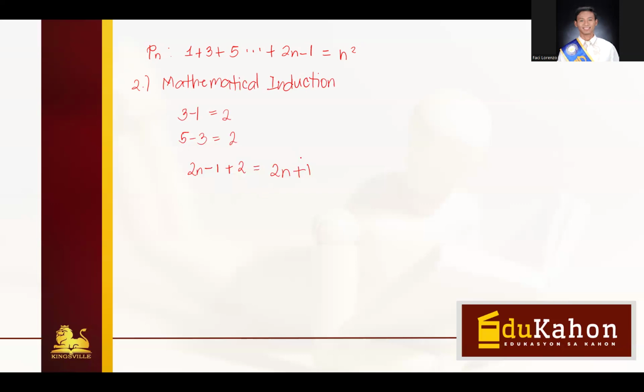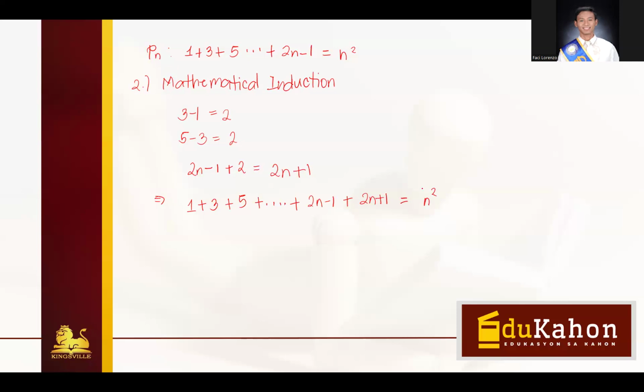Now, if we add the last term to the value that we obtain by its common difference, we have 1 plus 3 plus 5, and the ellipsis, plus 2n minus 1, plus another term, which is 2n plus 1, which is equal to n squared.